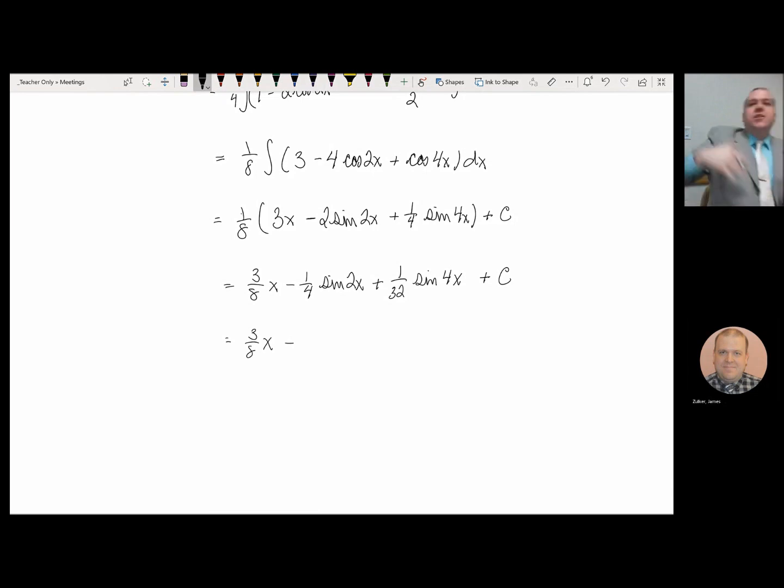So 3/8 x minus, all right, so sine of 2x we know. 2 sine x cosine x. Now, sine of 4x would be 2 sine of 2x cosine of 2x. So it would be what? 1/16 sine 2x cosine 2x.